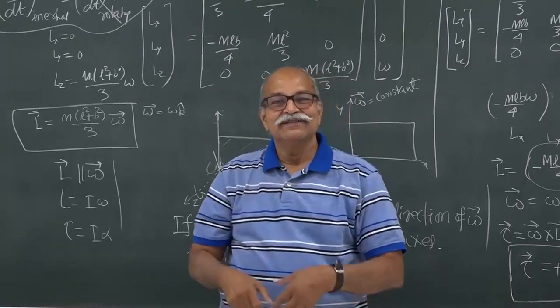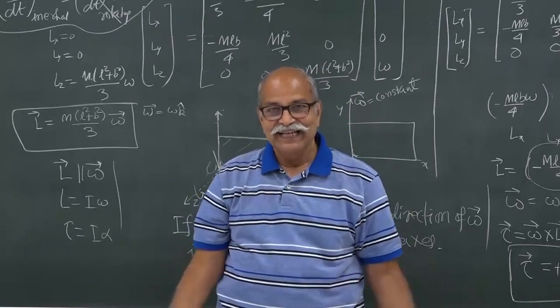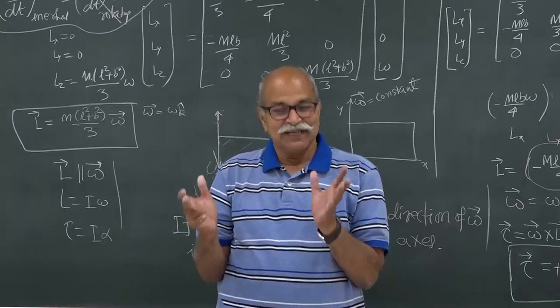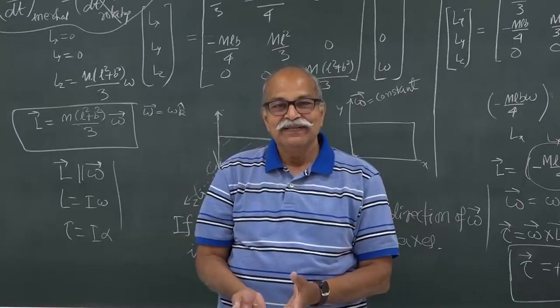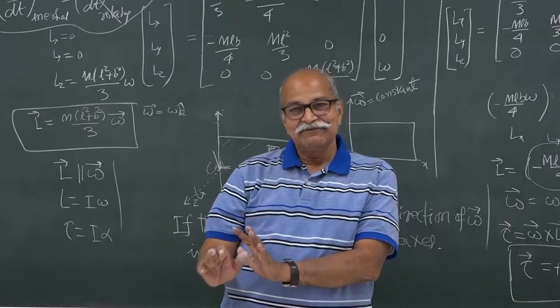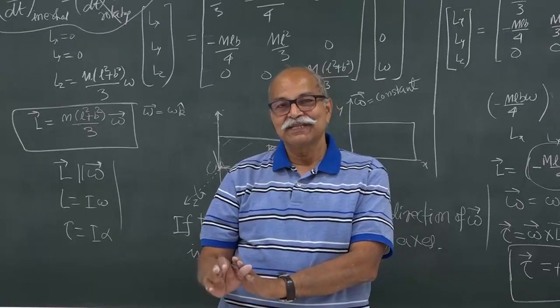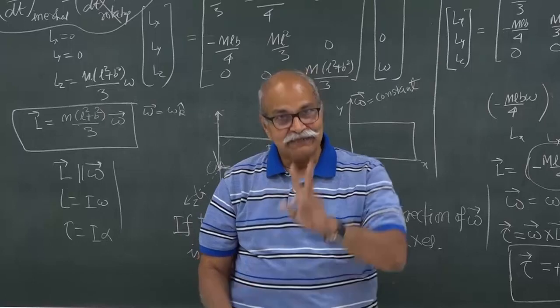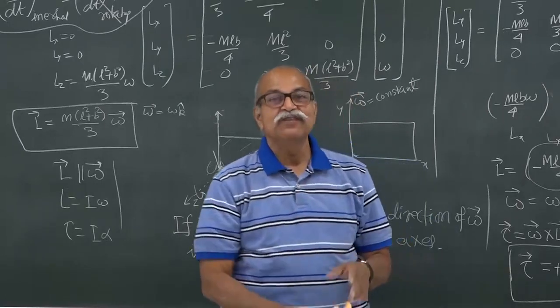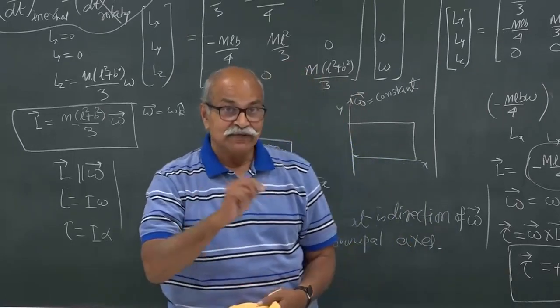But if symmetry permits, if the object is of some good geometrical shape, you can find by inspection where those principal directions are. So, there are 2 simple rules which work most of the time. I will tell you about that.